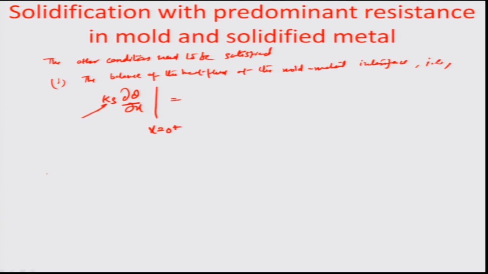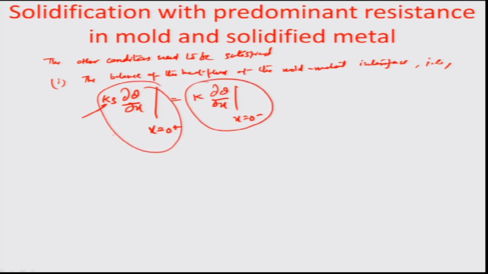Ks basically is the thermal conductivity of the solidified metal side, okay, and that of the mold side, so we call that K del theta by del x at x equal to 0 minus. Okay. So, the amount of heat of the solidified metal side and that of the mold side, they should be equal to each other in this particular illustration.